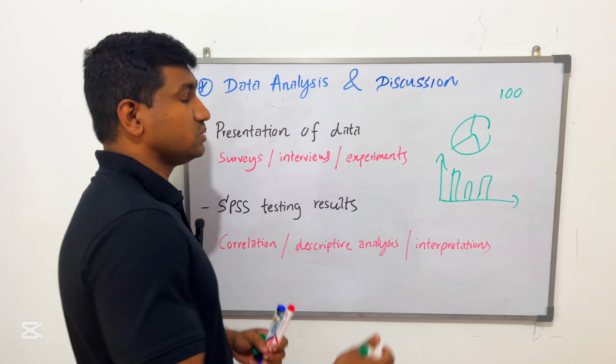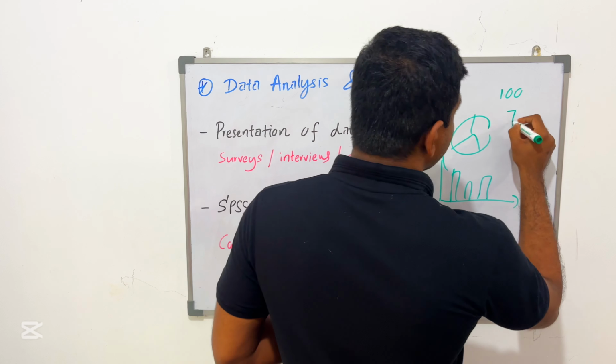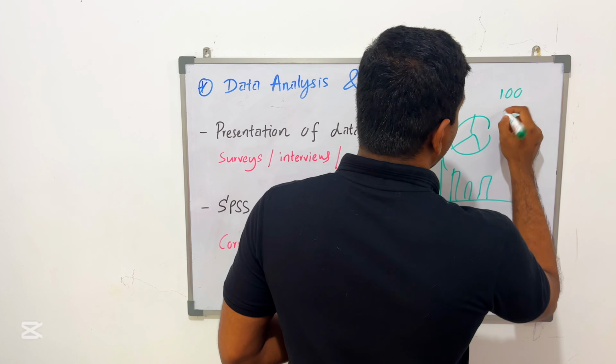Usually you will not get all 100 as responses, because you will end up with around 70 to 80% of the results. You don't have to worry about that. Just because you have received 70 does not mean that you need to send the survey to more of your population, meaning you have to increase to 130. No, you don't do that.